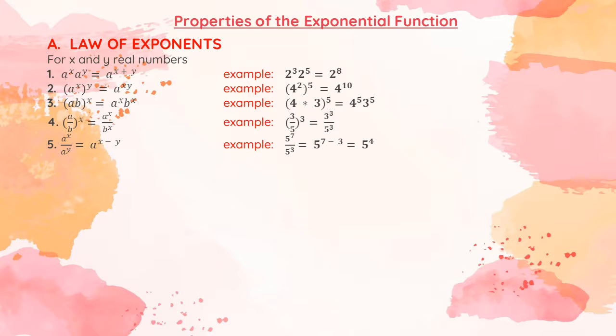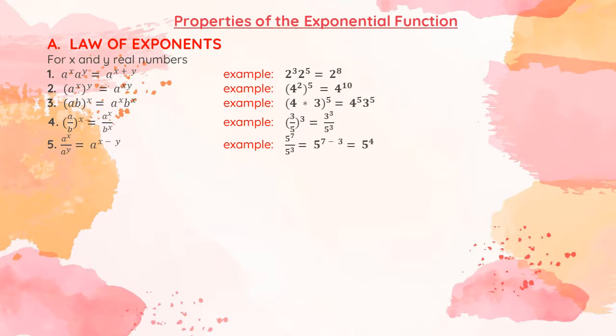So, for example po, class, ang value po ng ating a ay 3, over po sa 5, yun po yung value ng ating b. Then, yung ating exponent po ay 3. So, binigyan lang po natin ng exponent yung ating numerator and the denominator. So, yun po yung 3 raised to 3 over 5 raised to 3.